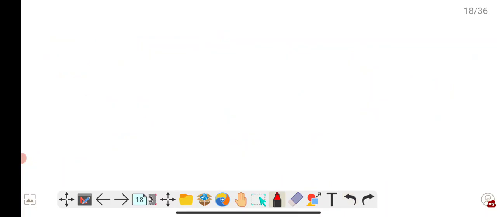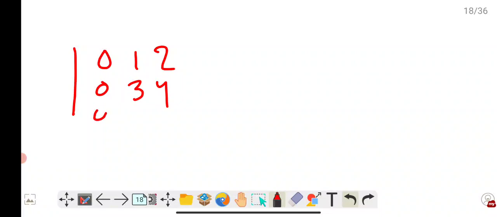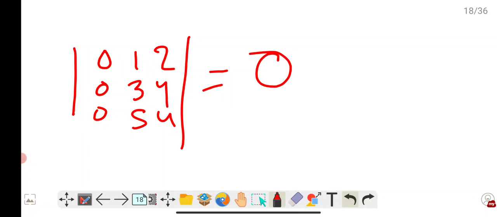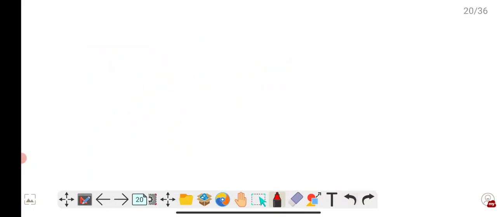For example, if we have 0, 1, 2, 0, 3, 4, 0, 5, 4, then the determinant will be 0. You can check it by expanding also. If we expand it, then we will get 0 value.